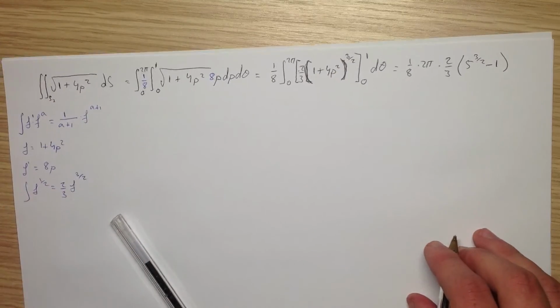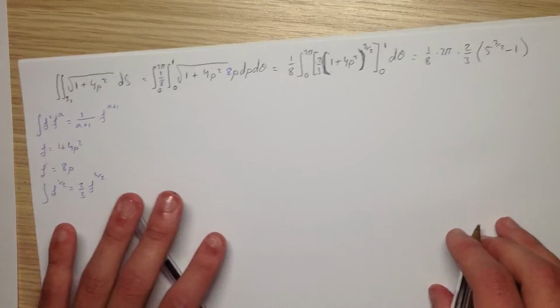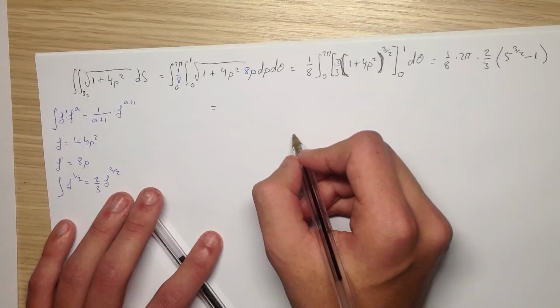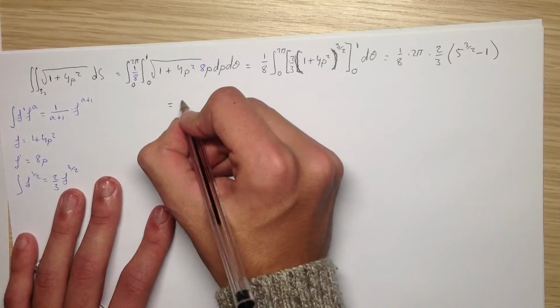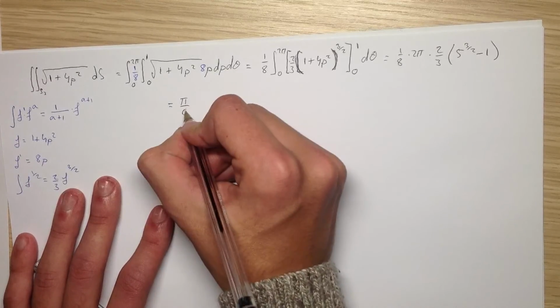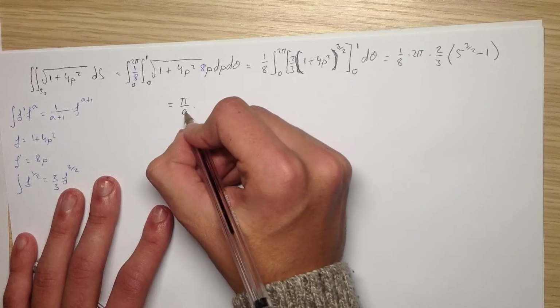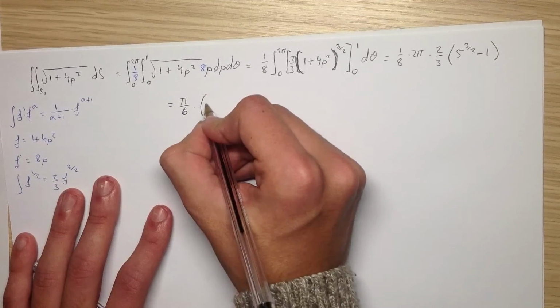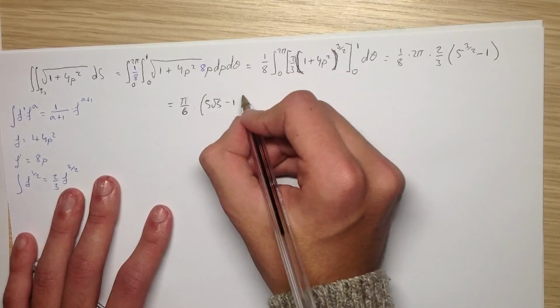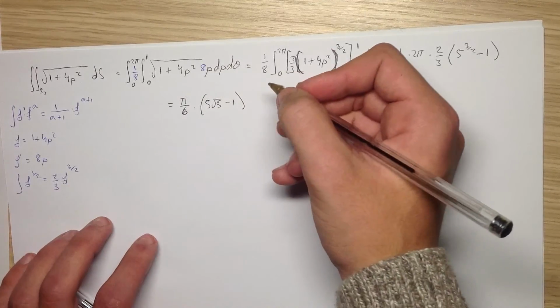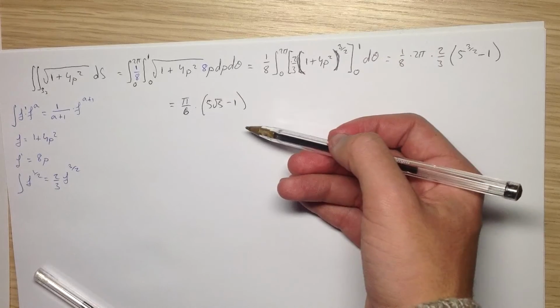Alright, so we can simplify this a bit. It will get simplified to pi/6 times 5√5 minus 1. So this will be our last integration.